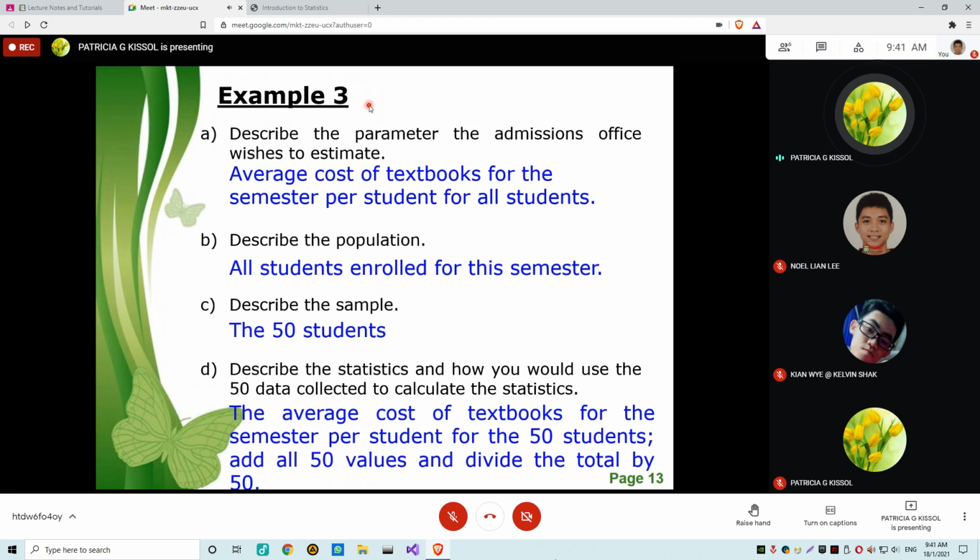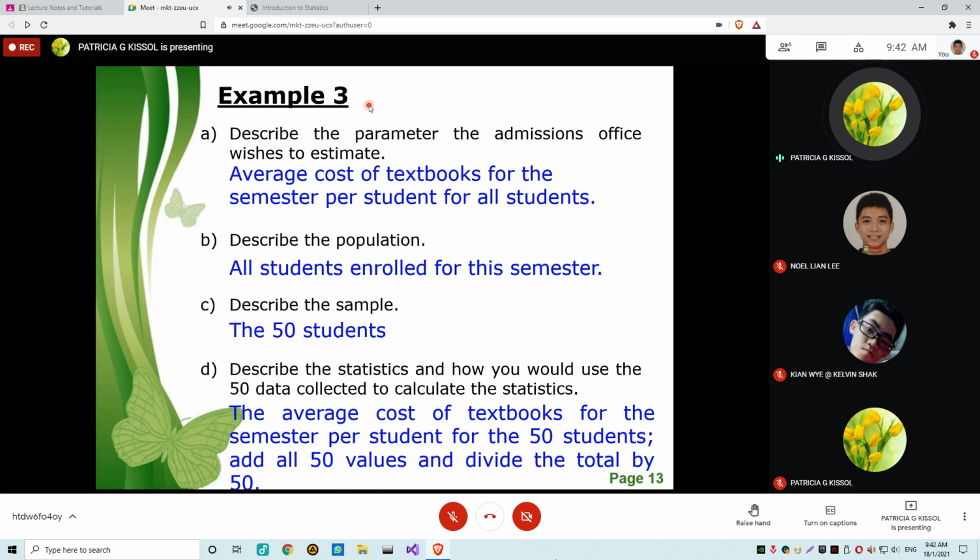As you can see in the assessment that I showed to you earlier, the test covers chapter 1 to chapter 4. So it could be that chapter 1 will be asking you to do this.